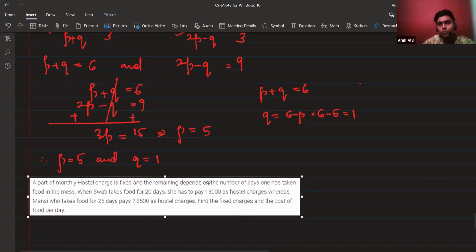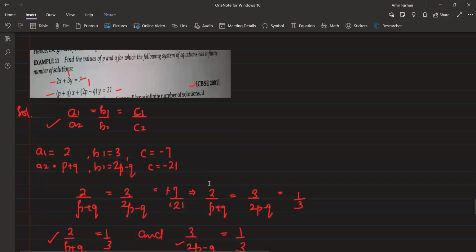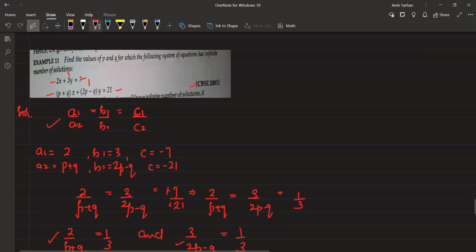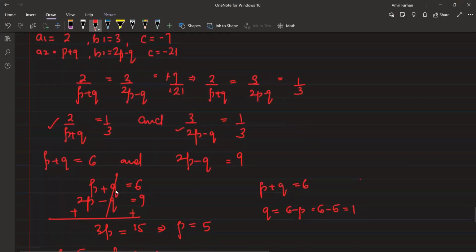Yes, Hiba, what are you saying here? When we are doing the elimination method, we change the signs, right?